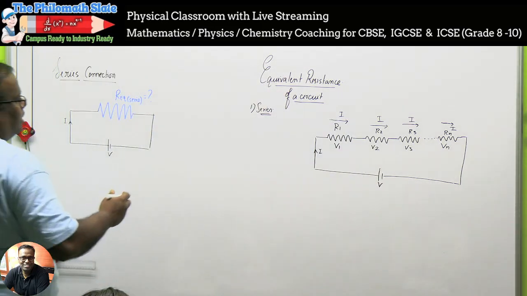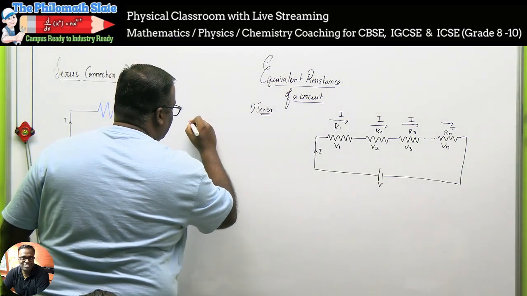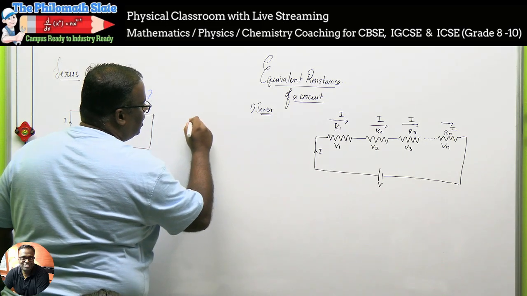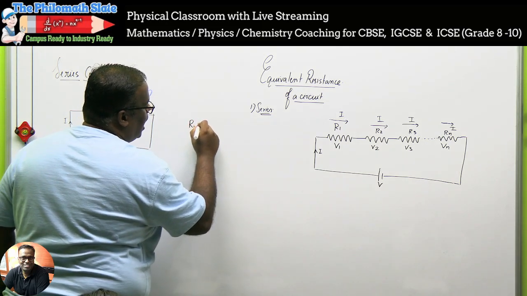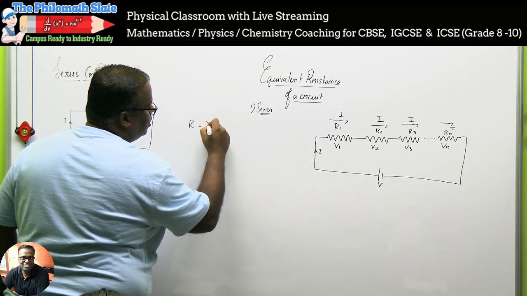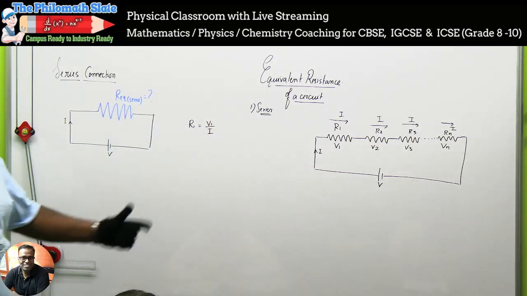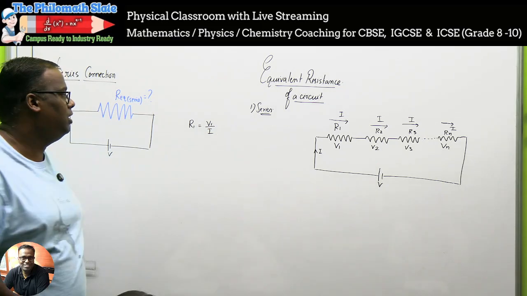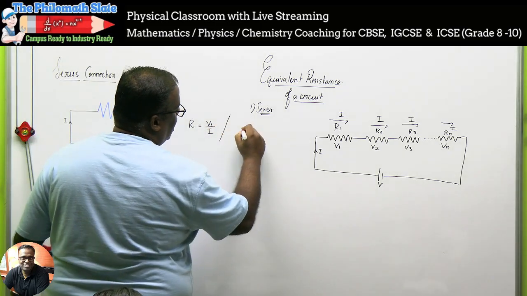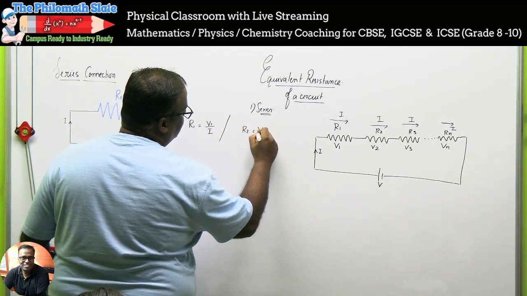तो आइए, applying Ohm's law, can I write that R1 is equal to V1 by I? V by I is equal to R. Can I write this? R1. Can I write R2 is equal to V2 by I?